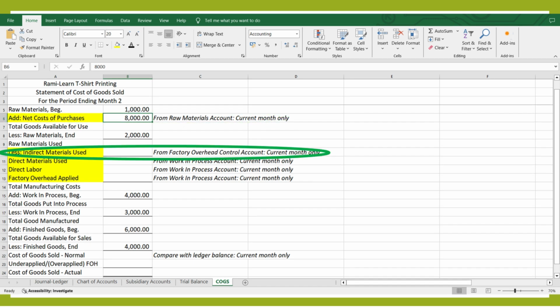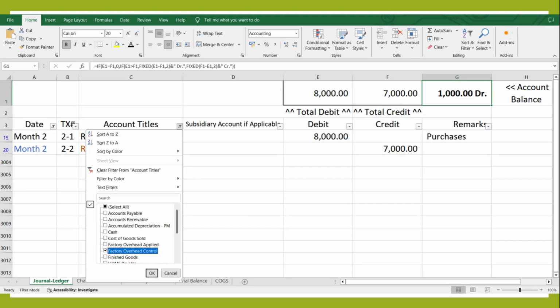Next, we need to determine the amount of indirect materials used for the current month only. What did you observe? Where can we find this amount? You got it right. You can find it in the factory overhead control ledger.